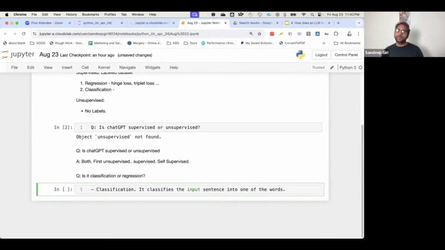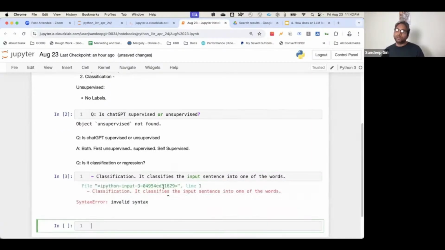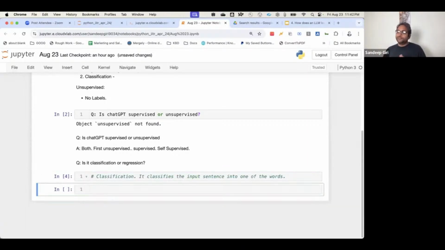At one time, it produces one word or sometimes one letter. Some models give one word at a time, some models give one letter at a time, and some people have chosen a mid path, like producing one syllable at a time. So ChatGPT is a classification.